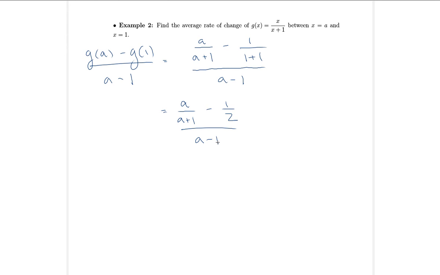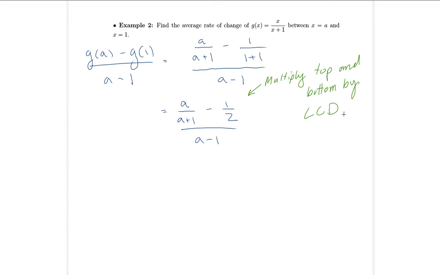So one of the tools you have at your disposal that you probably would have used in your intermediate algebra class, but maybe it's been a little while since you've done this, is you can always multiply the top and the bottom by the least common denominator.